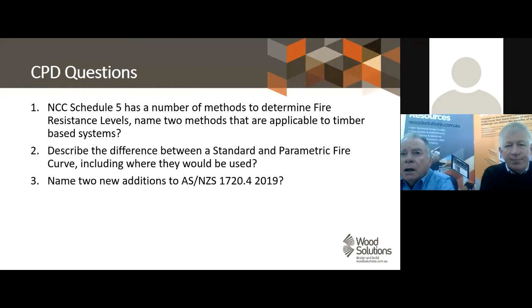The reference documents in the NCC are referenced in a schedule at the back of the NCC, and it's the edition of the Australian standard listed in that schedule that is deemed to satisfy. If you want to use an Australian standard that is a different edition to the one listed in the schedule, you would have to do it as a performance solution.